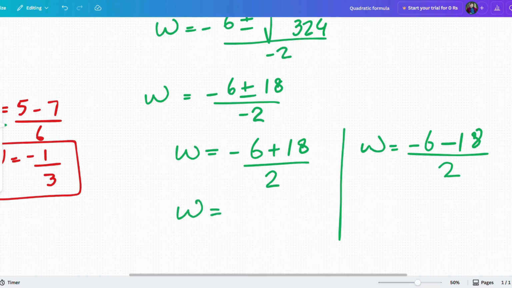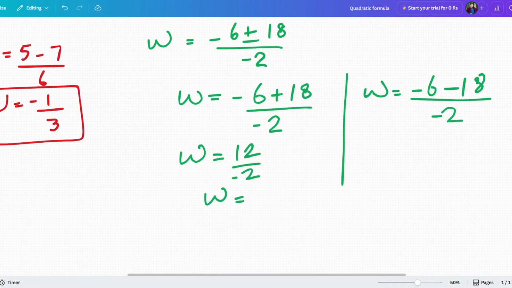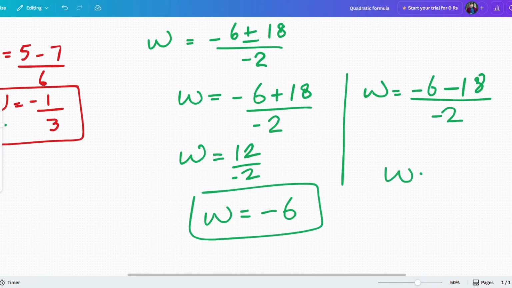So now w is equivalent to minus 6 plus 18, which is 12, over negative 2, and I'm sorry, but there was a negative sign over here, so I will put the negative sign there as well, okay? Let me adjust it. Just give me a moment. So w is equivalent to minus 6 minus 18, that's minus 24 over minus 2. So w is equivalent to 12, okay?